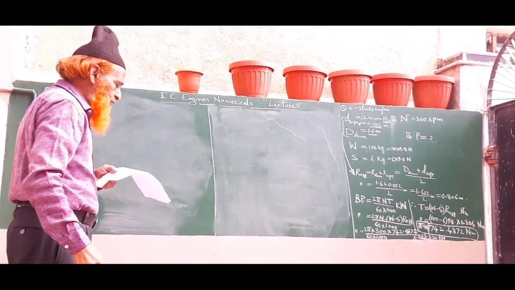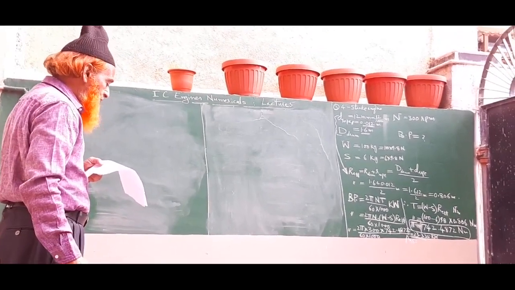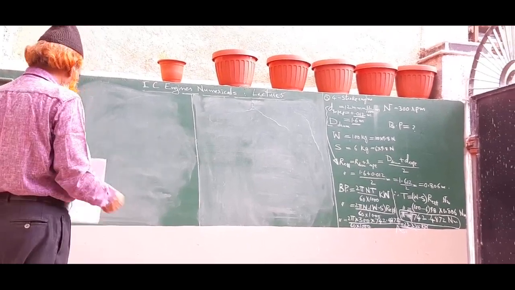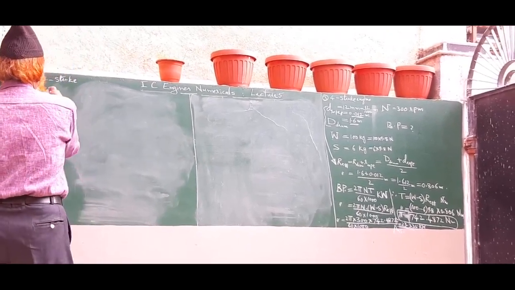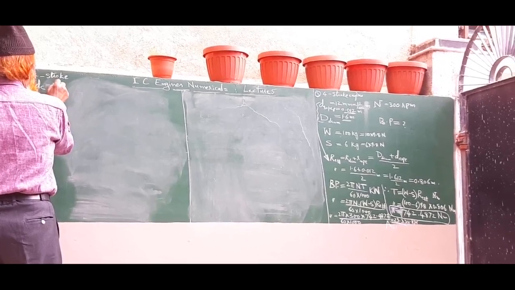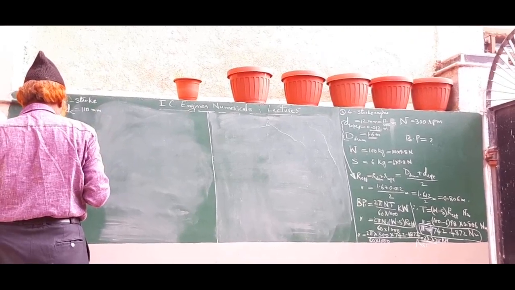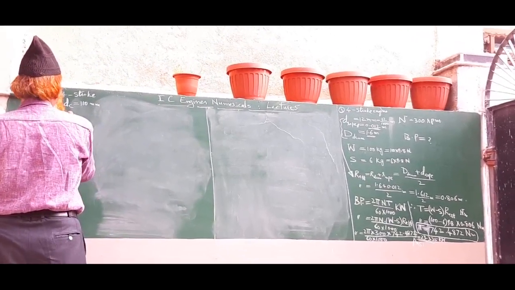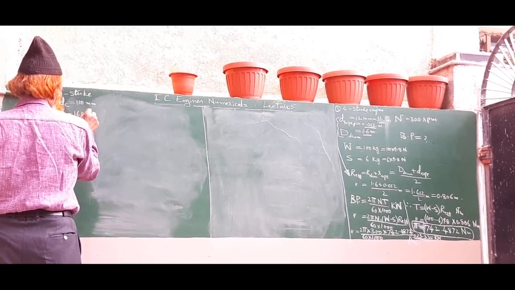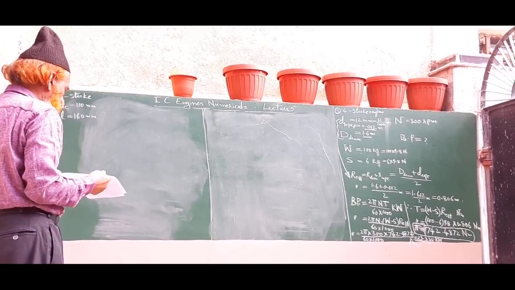What is given is the 4-stroke petrol engine of 110 mm bore and 160 mm stroke, right? 110 mm bore means bore diameter, DC, 110 mm, and 160 mm stroke length, 160 mm.